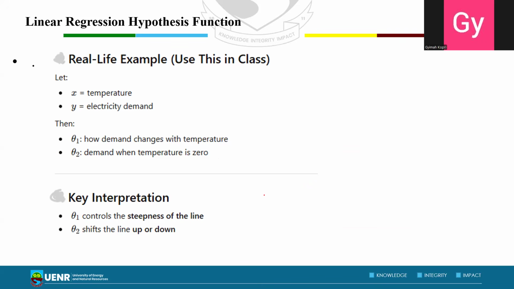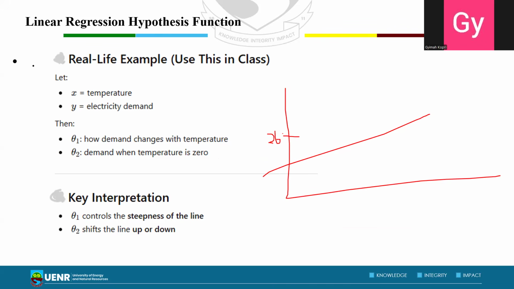Now let's look at real life. We try to predict the amount of electricity that we'll use to heat water to a particular temperature. So we try to plot a graph like this. If I need maybe 26 degrees, how much electricity am I going to use? Is it 100 units? What about if the person needs 54 degrees?